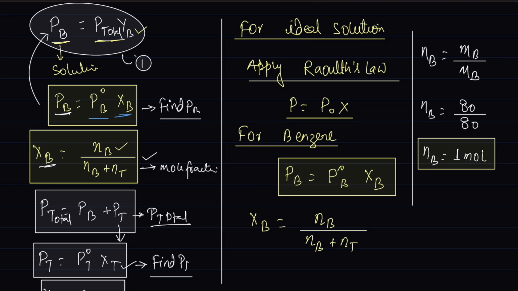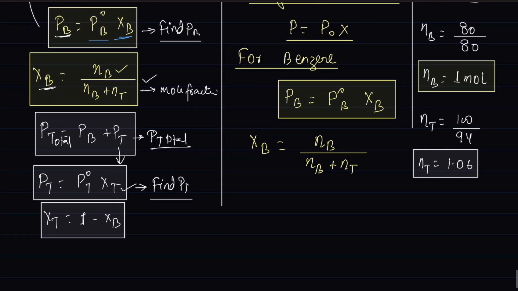Similarly, we can find the mole of toluene. The mass is 100 gram and its molar mass is 94. So NT is equal to 1.06. So we got the mole of toluene. Now we substitute it here: XB is equal to 1 divided by 1 plus 1.06, so 1 by 2.06.